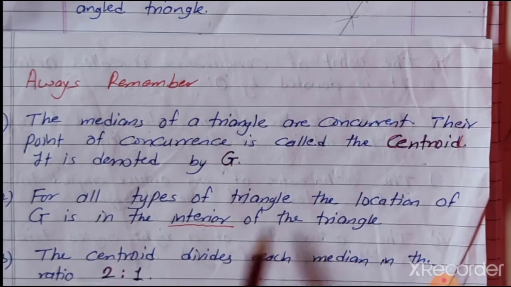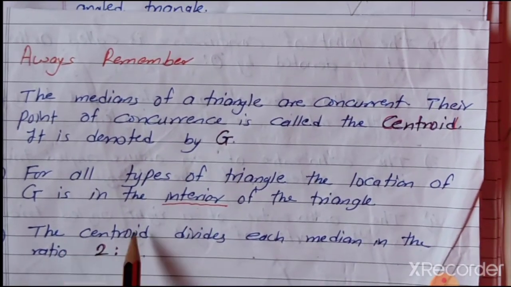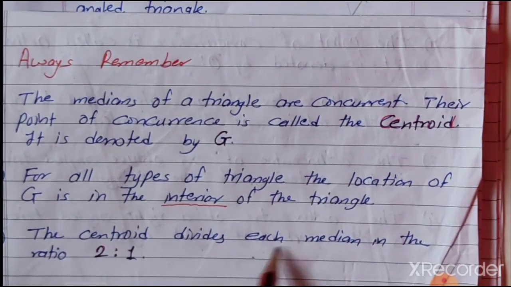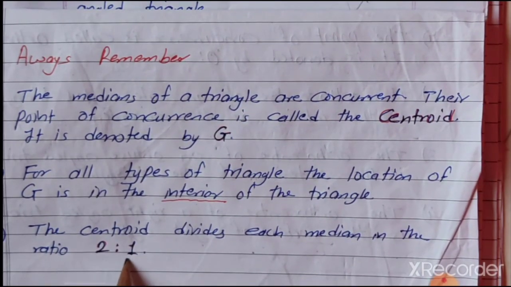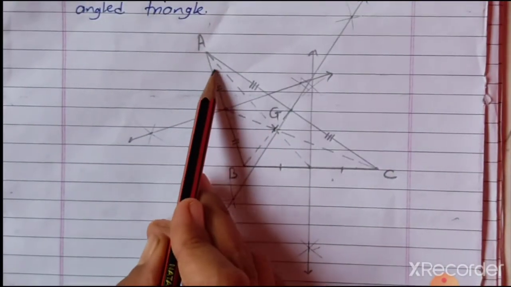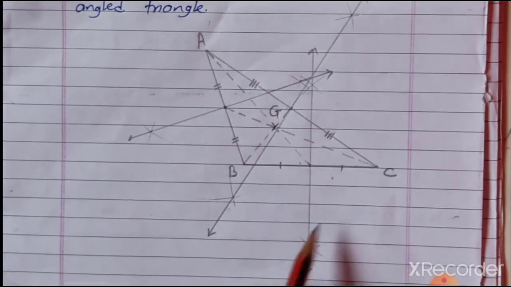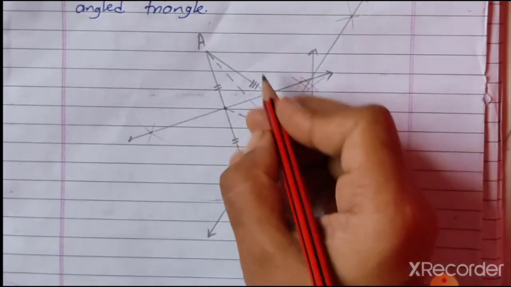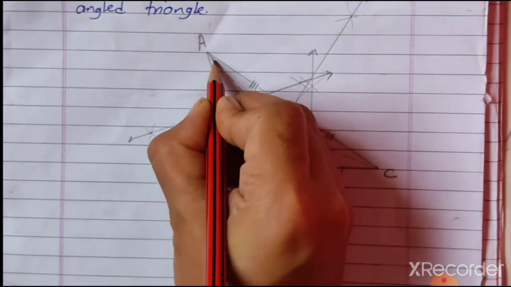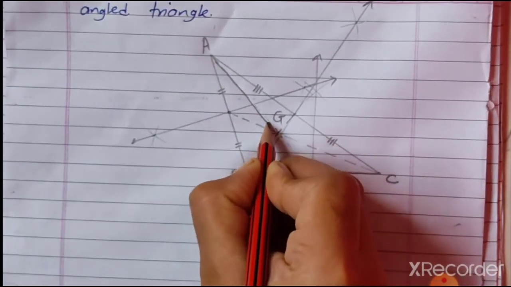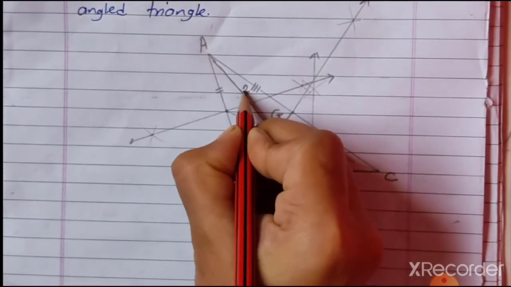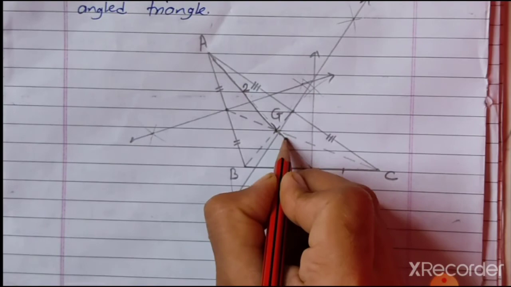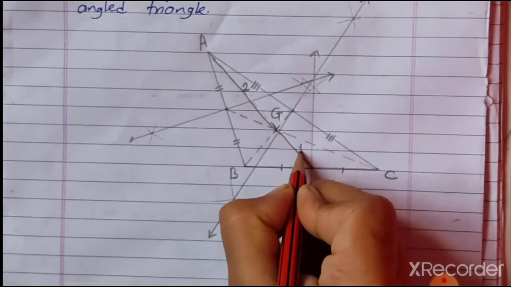And the third point, which is very important, is that the centroid divides each median in the ratio 2:1. If you take this median, this part has measure 2 and this last part has measure 1.